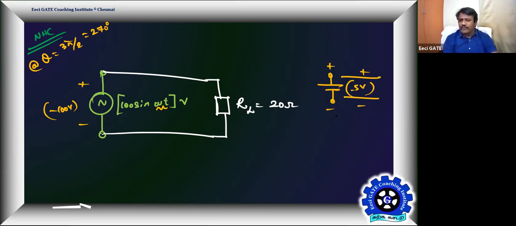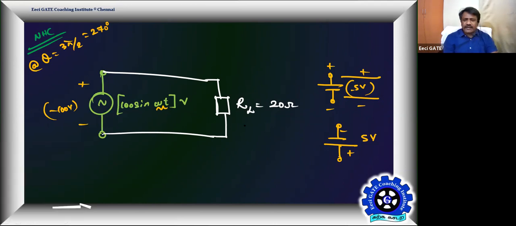Effectively this is actually minus and this is actually plus, so you have to take this as plus and this as minus, and then with the positive it is 5 volt. By wrongly marking the top as positive and the bottom as negative, you get minus 5, which says your polarity markings are wrong.